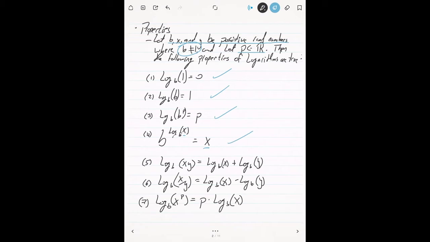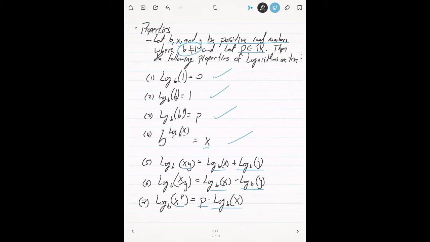Additionally, if you're taking the logarithm of two values multiplied together, so x and y are being multiplied together here, then you can add the logarithms of each one separately. Additionally, if you're dividing, you can subtract the logarithms of each one separately. Now, if you take the logarithm of any value to an exponent, you can rewrite that as that exponent times the logarithm.